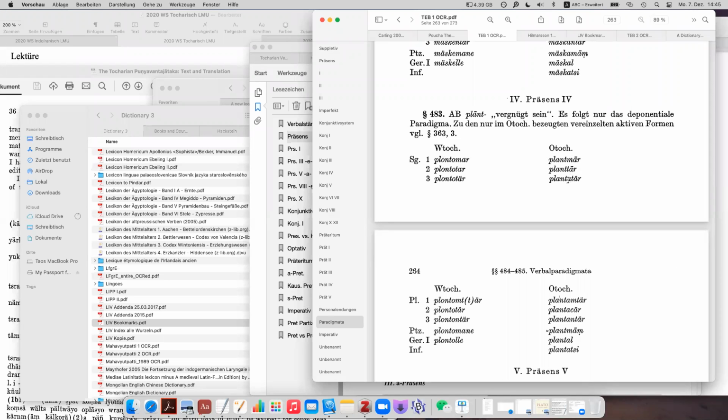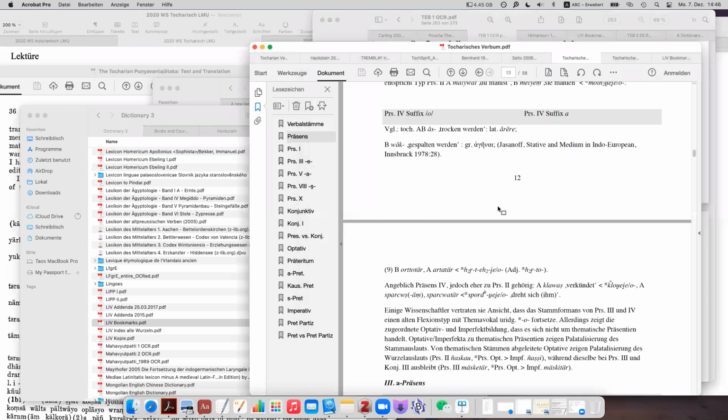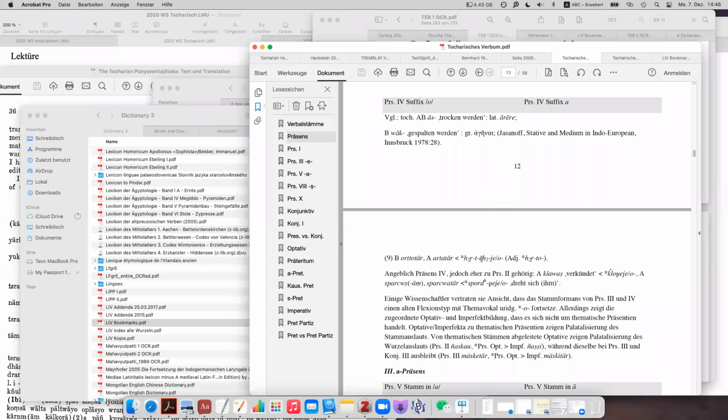Here, sometimes the R can be deleted in Tocharian A, but sometimes it's preserved. You find the O corresponding to R here. This is another class, and the origin of this class goes back to a suffix, or suffix plus jejo present.